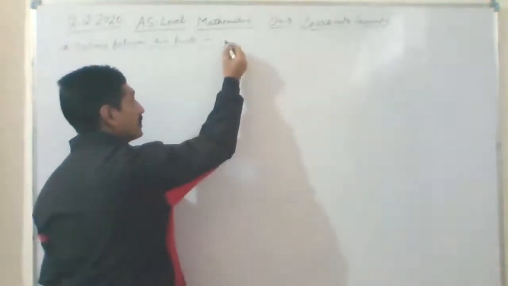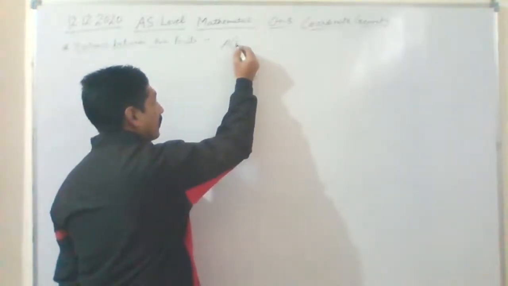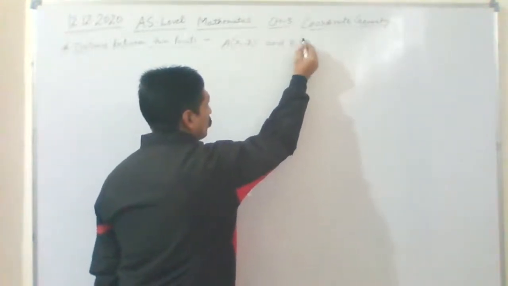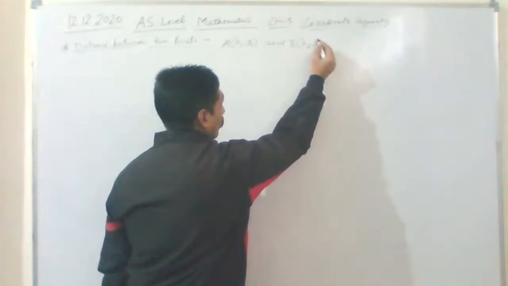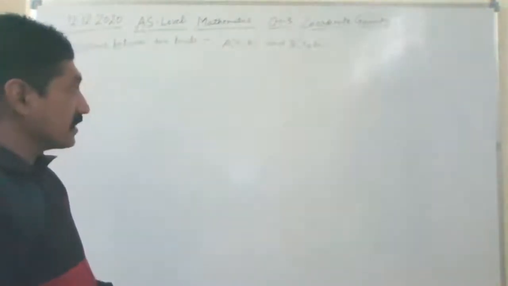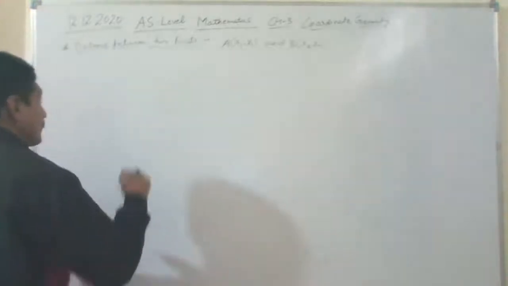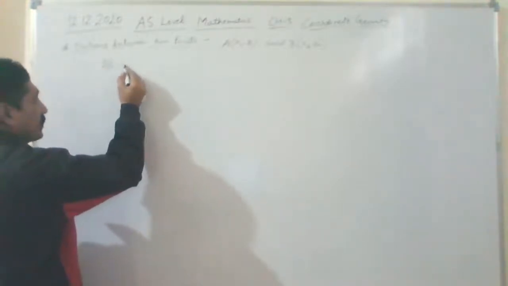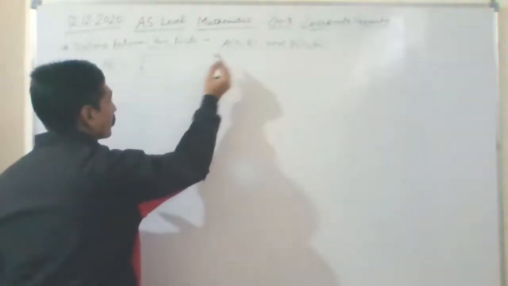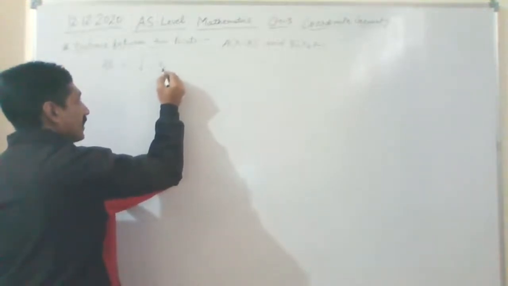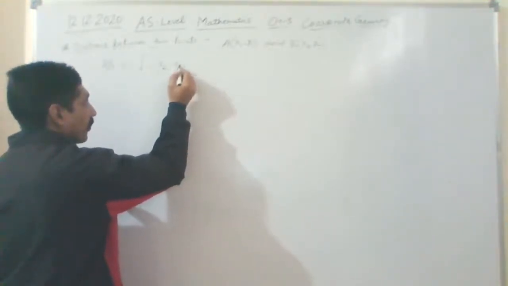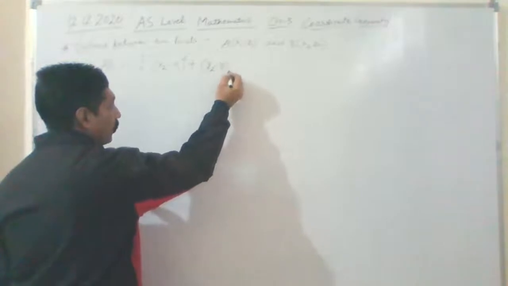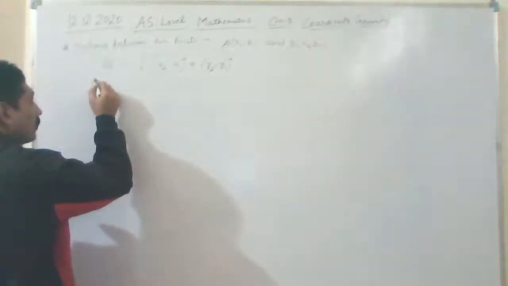If we have 2 points, A with x1, y1 and B with x2, y2, then the distance AB is always equal to the square root of (x2 minus x1) whole square plus (y2 minus y1) whole square, right? This is the distance formula.